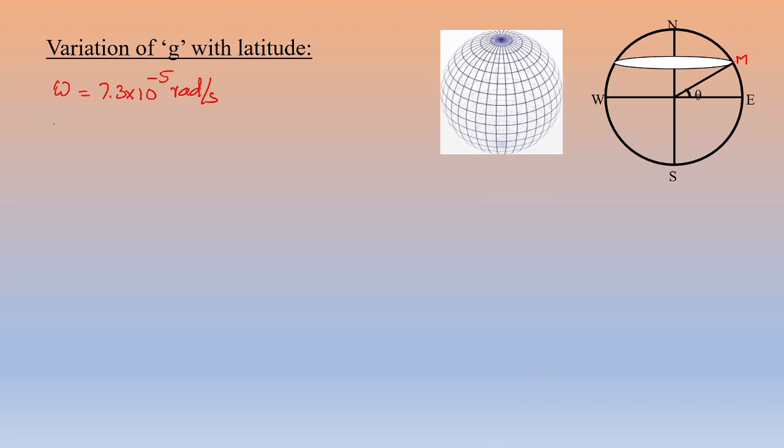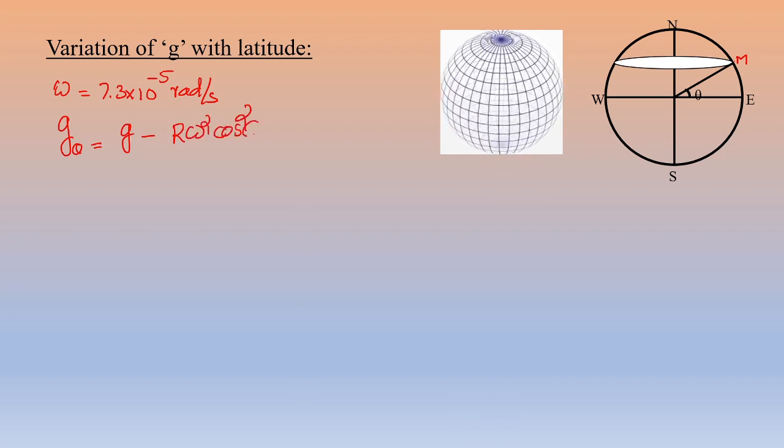So the variation in the value of g is given by g theta is equal to g minus r omega square cos square theta. Here r is the radius of the earth, omega is the angular velocity, and theta is the latitude.